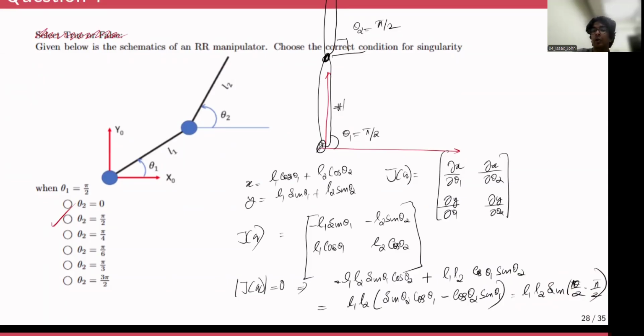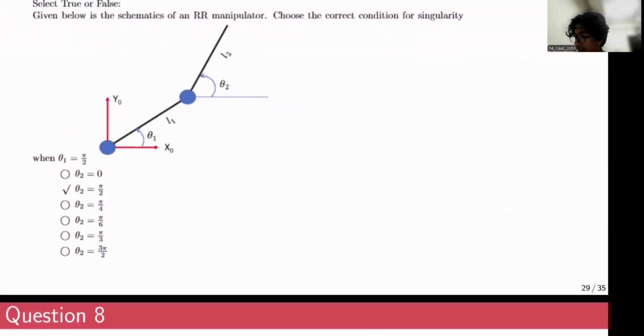But for a robotic manipulator with multiple links and multiple joints, we detect singular locations by observing the determinant of the Jacobian matrix, in which locations the determinant vanishes. This is how we do that analysis. So theta 2 as pi by 2 is indeed the correct answer.